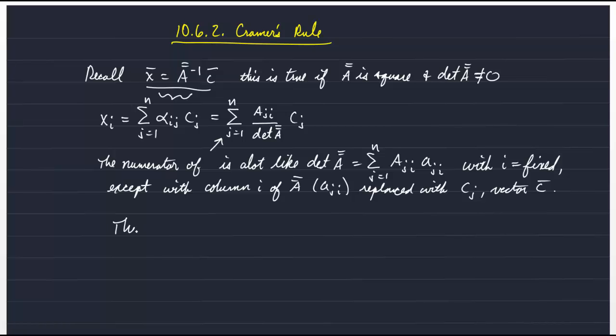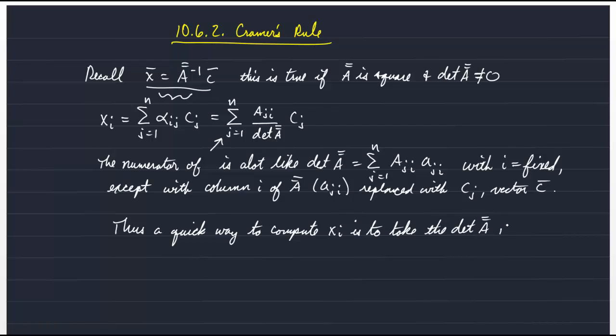So therefore, thus, a quick way to compute xi is to take the determinant of A, but with column I replaced with C. And this is called Cramer's rule.